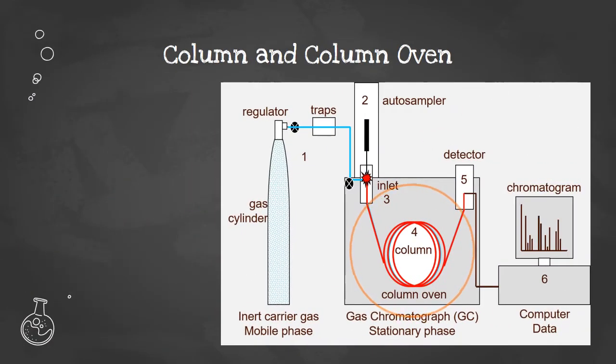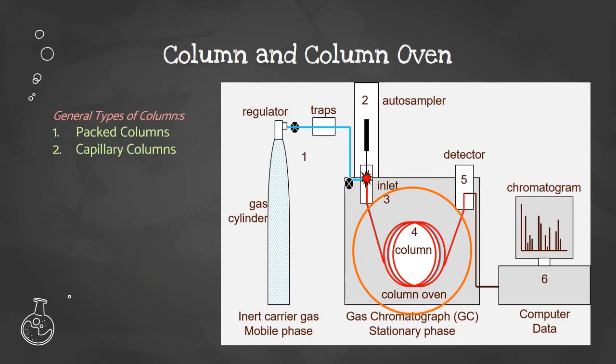The columns in gas chromatography are of two general types: packed columns, or capillary columns. In the past, the vast majority of gas chromatographic analyses used packed columns. For most current applications, packed columns have been replaced by more efficient and faster capillary columns.